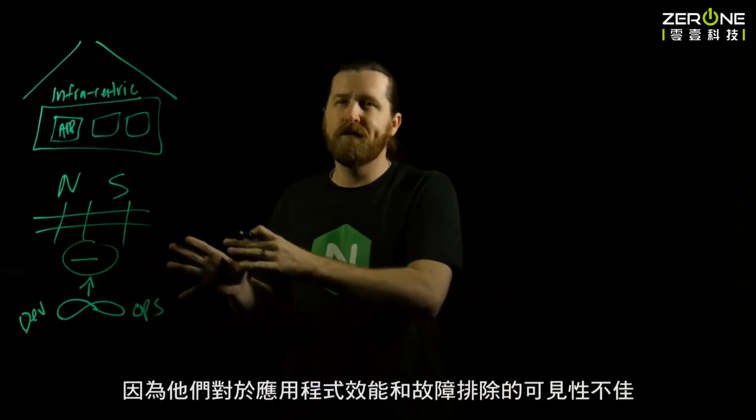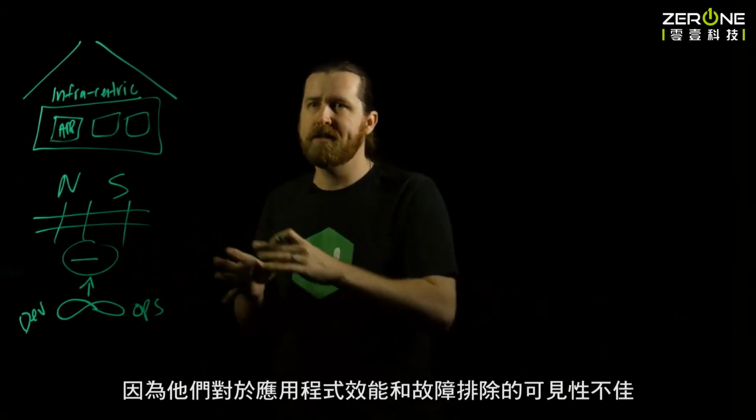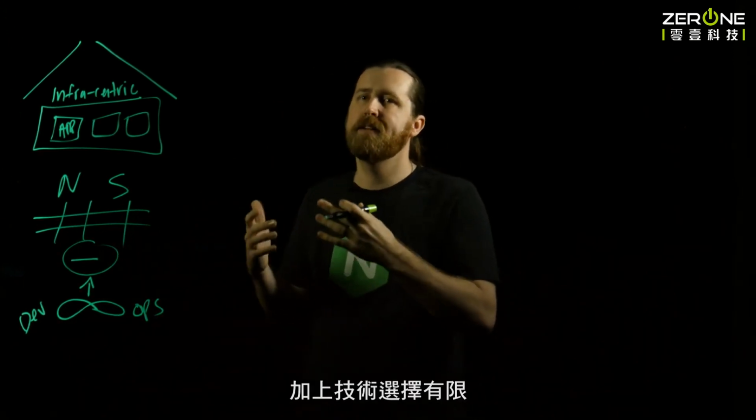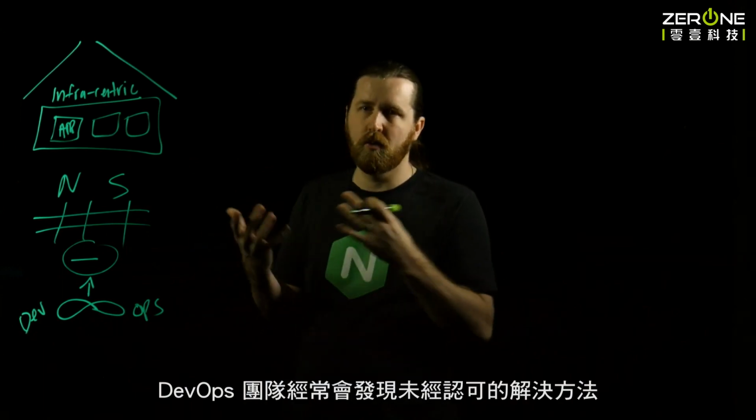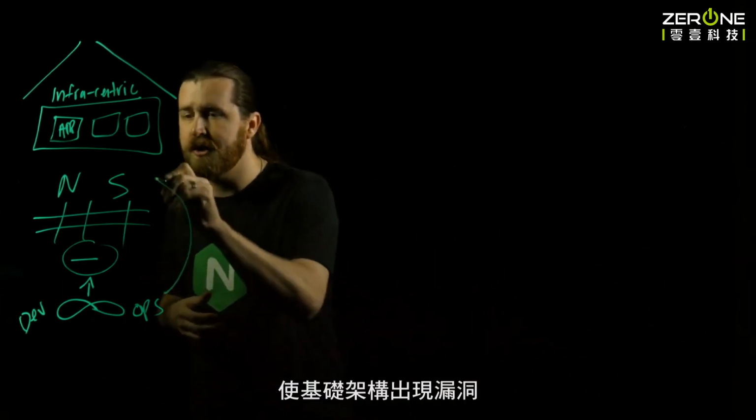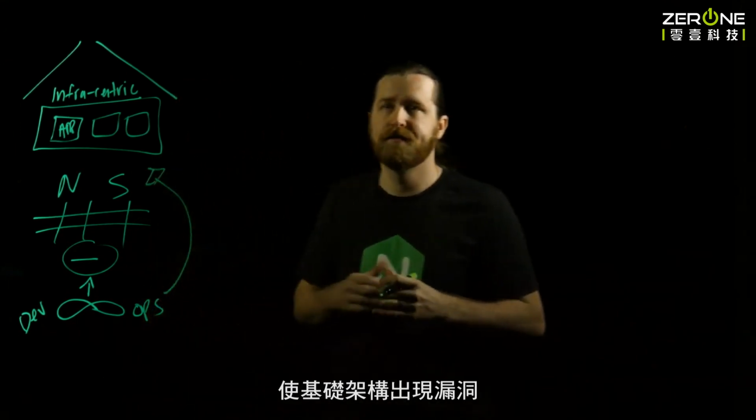Because they have poor visibility into application performance and troubleshooting, and they're limited in their technology choices, DevOps teams often find unsanctioned workarounds, opening up the infrastructure to vulnerabilities.